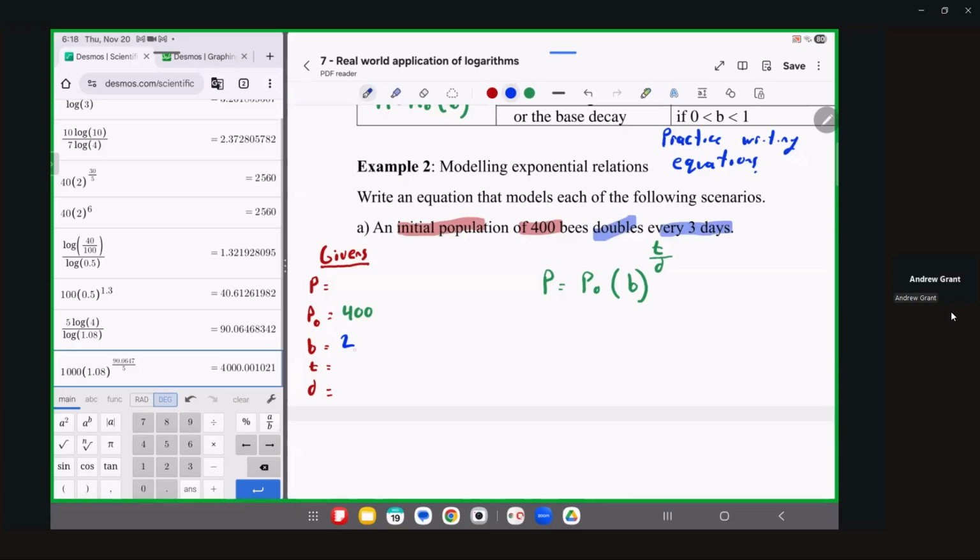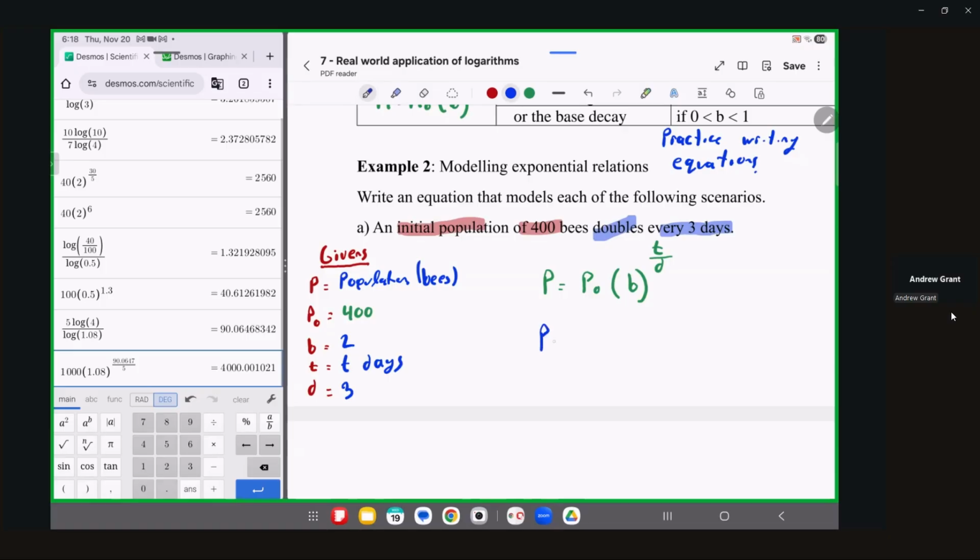Now, our time t is going to be in days, and our P is going to be just a population of bees. And d is the period. How long does it take for the bee population to double? Well, it takes three days to do that.